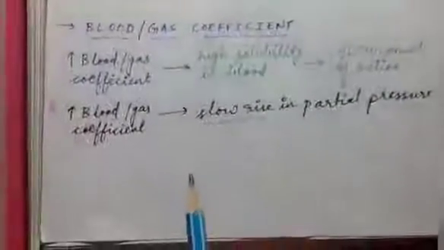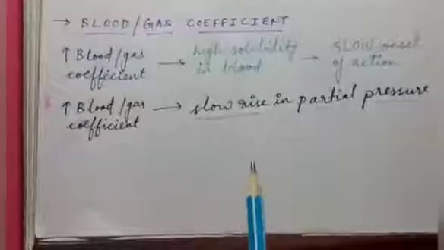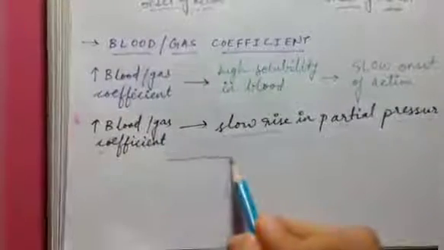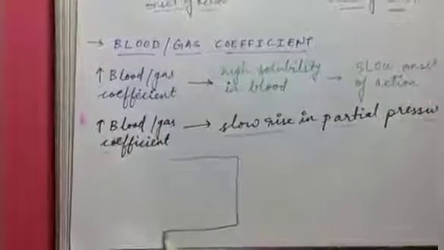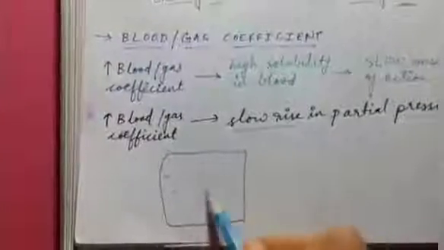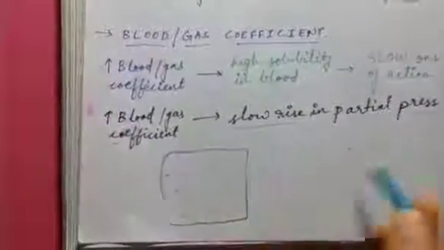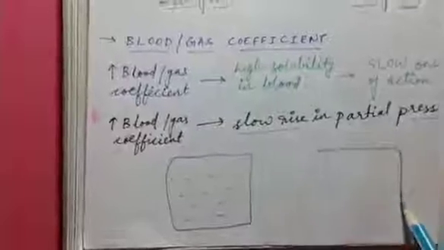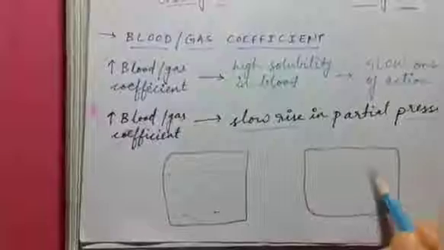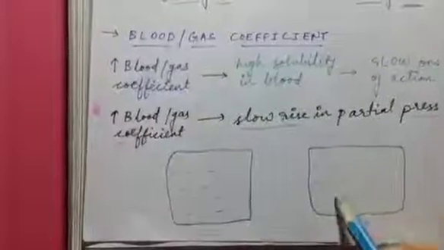The example is not exactly the same analogy, but it will help you remember for the examination. Let's say there is a tank filled with water, and there is another tank which is also filled with water. Let's say both the tanks are closed.